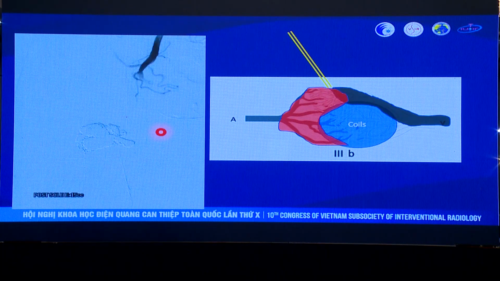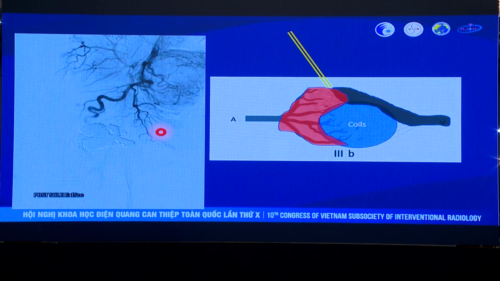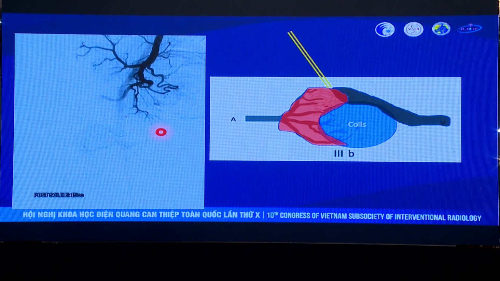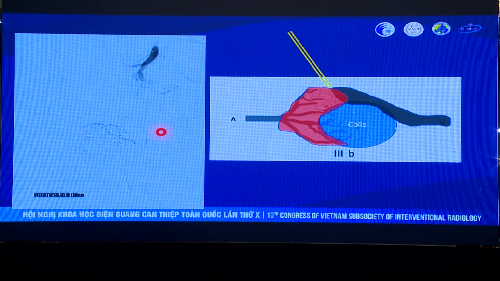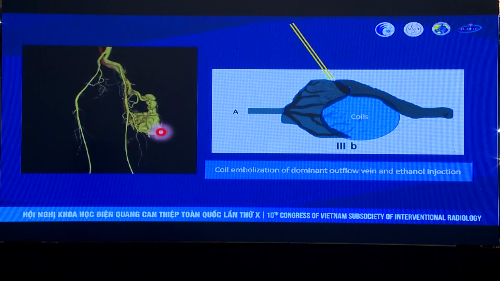We controlled the lesion with multiple coil embolization first, and then we treated the residual small slow flow lesion with direct ethanol injection. And this is how we treat the type 3B AVM.